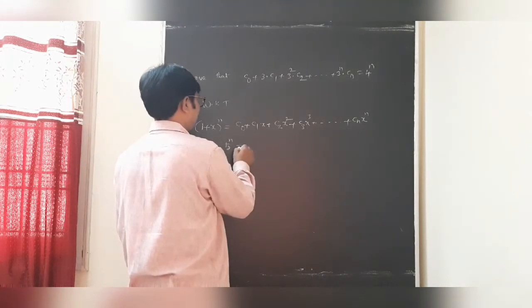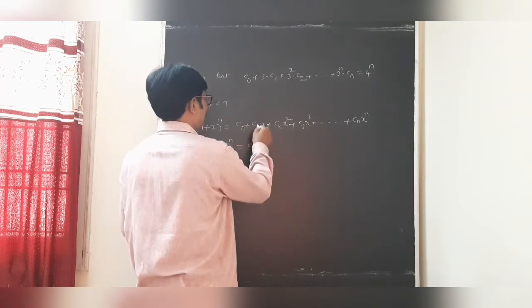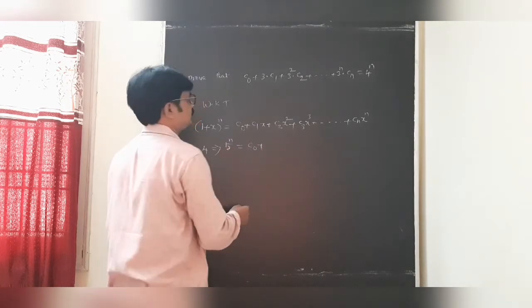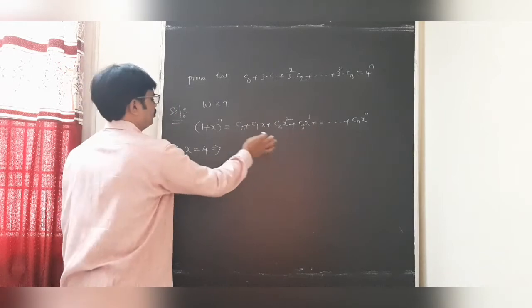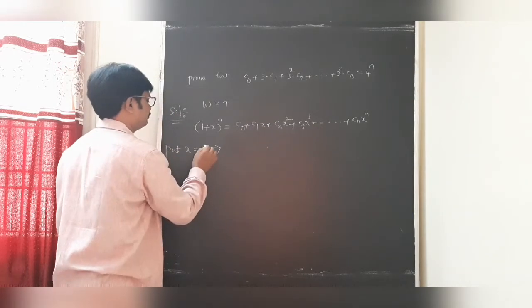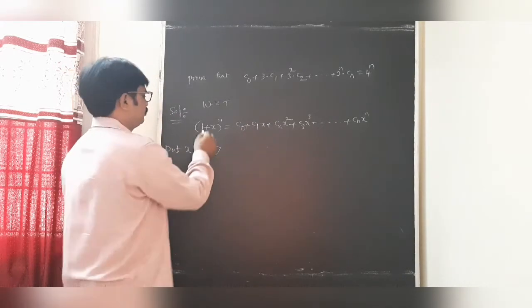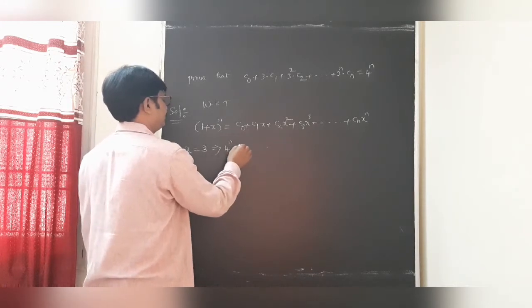So, students, this can be written as C0, after then 4 power n. Undoubtedly, we substitute x equal to 3, 1 plus 3 is the 4 power n.